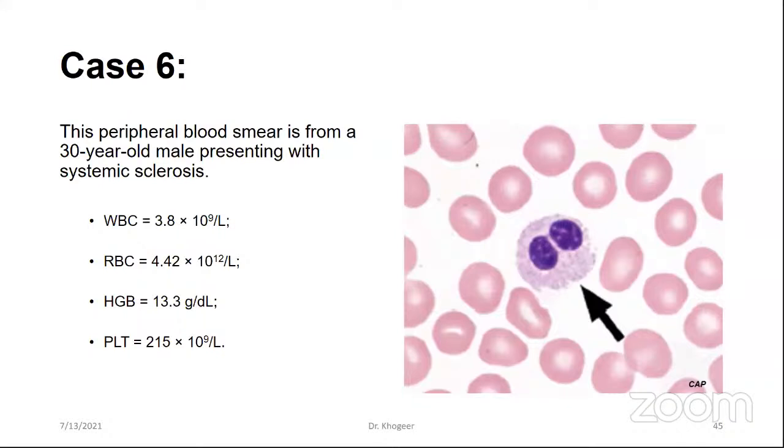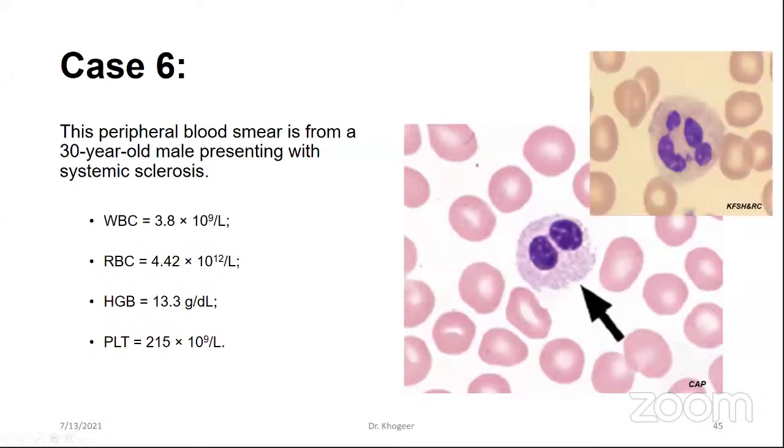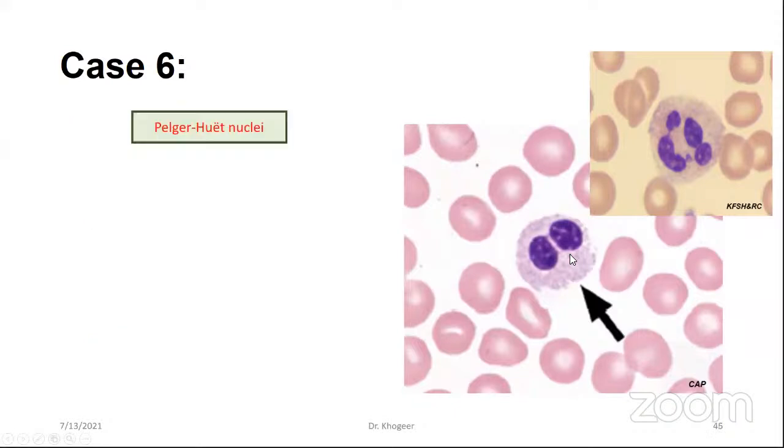Yes, so this neutrophil shows a Pelger-Huet nucleus. If we compare this nucleus with the normal segmented neutrophil, which shows more than 2 nuclear lobes, this cell shows only 2 lobes.